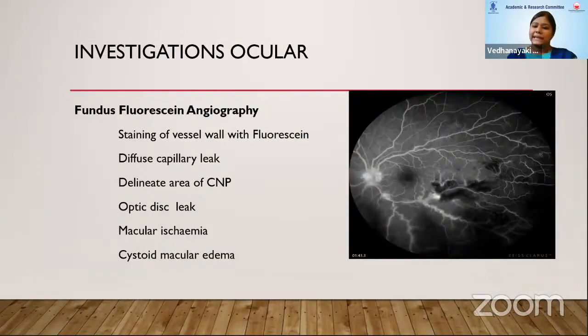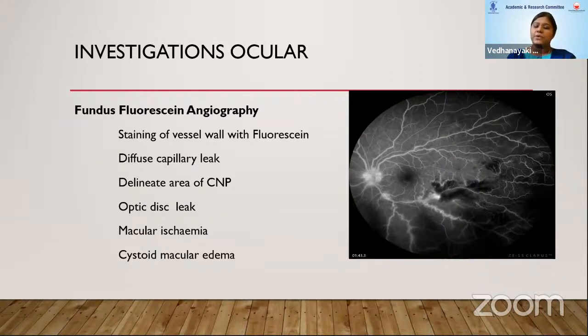Once we have clinically diagnosed retinal vasculitis, we have to do a fundus fluorescein angiography to confirm it. Sometimes the clinical extent will not be the same as what is actually there. FFA will show you the actual extent of vasculitis. There will be staining of the vessel wall with fluorescein and diffuse capillary leak, and it helps us delineate areas of capillary non-perfusion.